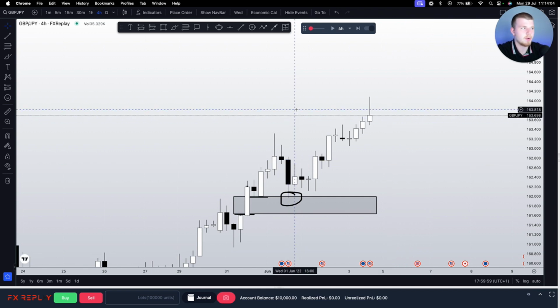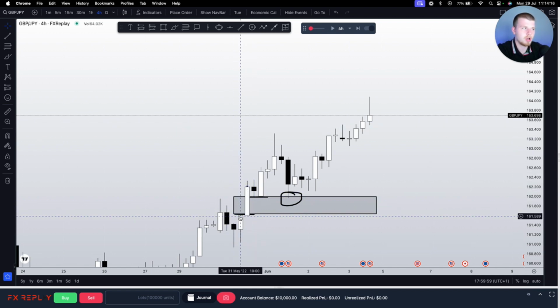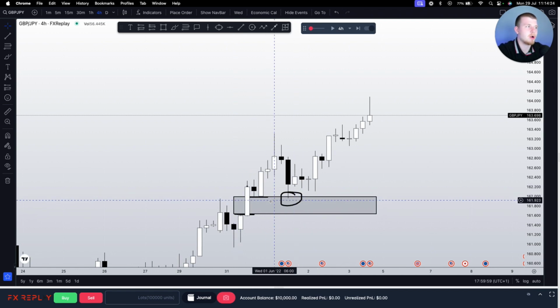All we need to go over are normal fair value gaps. So for a fair value gap, we look for this specific three-candle format, where the top wick doesn't overlap with the bottom wick of the third candle, and that's your fair value gap. Then you wait for price to come back to it, respect it, and take your entry there.